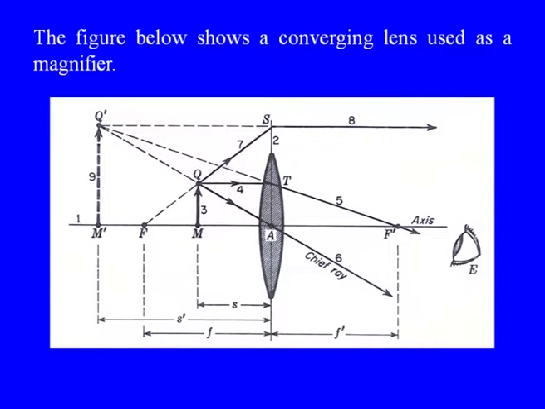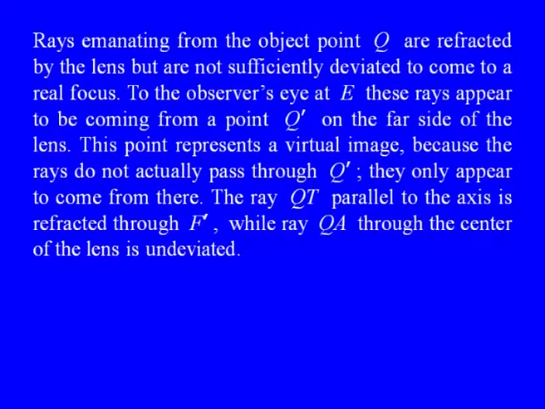Then you consider the chief ray starting from Q, which goes through undeviated, and if we extend them backwards, they meet at the point Q prime, which is the image of the point Q. So, that is what it says here.